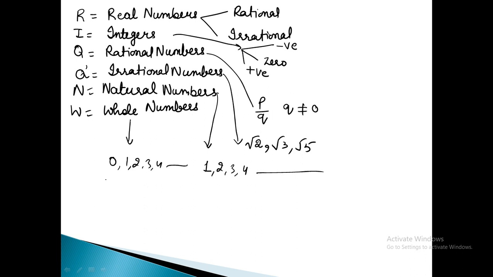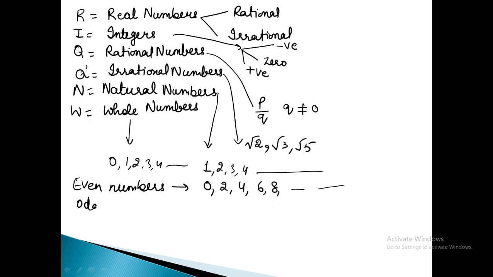Now next, even numbers. Even numbers are 0, 2, 4, 6, 8, etc. It means all natural numbers which are divisible by 2's table are known as even numbers.